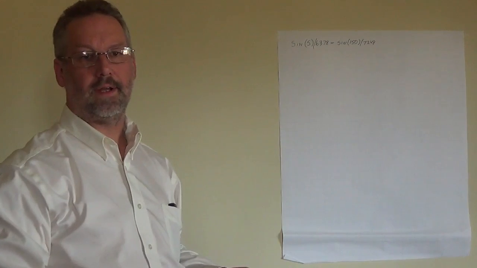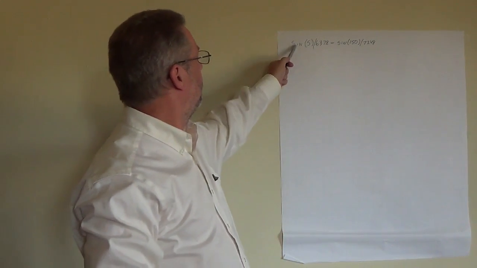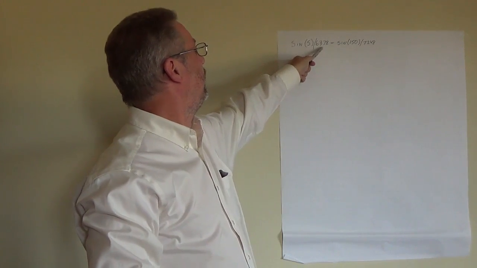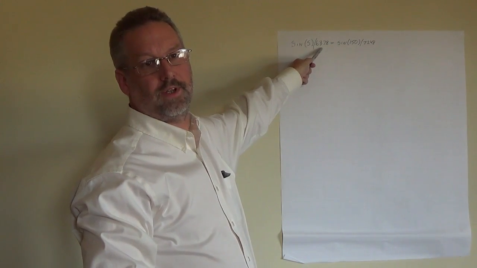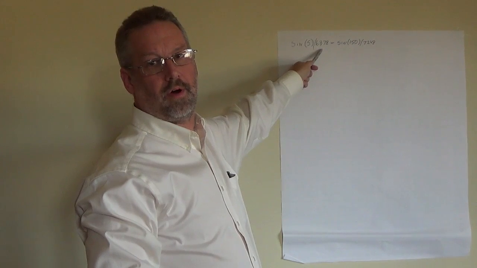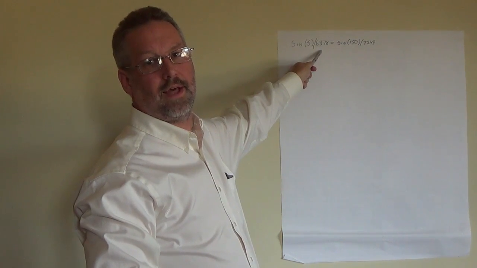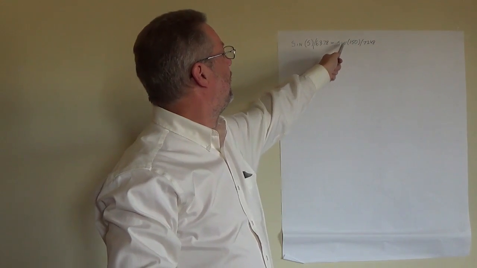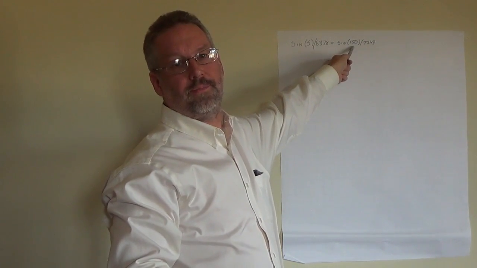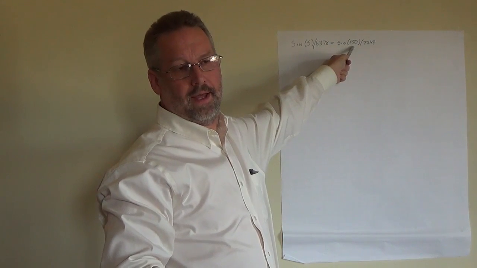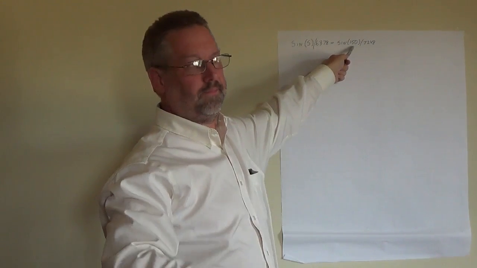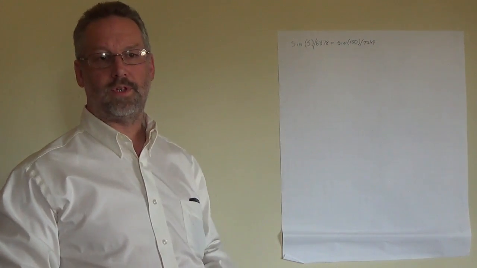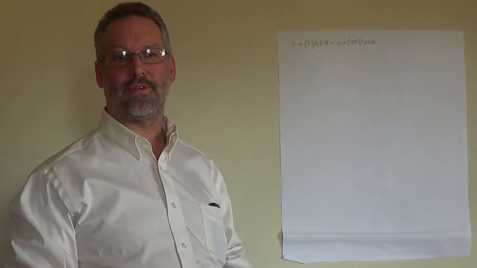What we have here is the sine of S, which is our look-down angle, over 6,378, which is the RE figure, the distance of our ground station from the center of the Earth, equals the sine of 150, which is our angle from the center of the Earth to the satellite, over 7,248, which is the distance of the satellite from the center of the Earth.